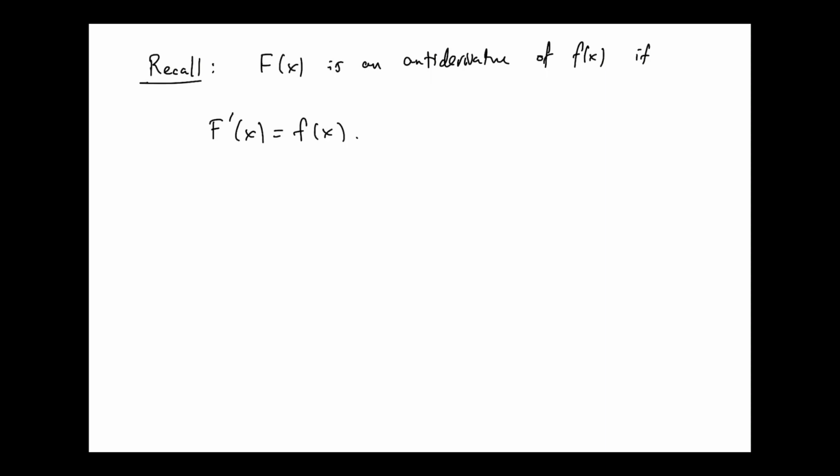A function big F is an antiderivative of another function little f if you take the derivative of big F, you get little f. No big deal there, right?